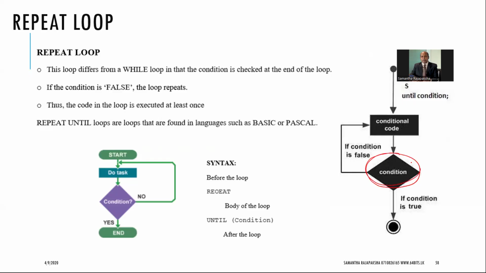The second difference is the repeat loop runs when this condition is false, and exits when the condition is true. It is totally different from the previous algorithm. For the for loop and while loop, remember, it runs when the condition is true and exits when the condition is false. In the repeat loop, it runs when the condition is false and exits when the condition is true.